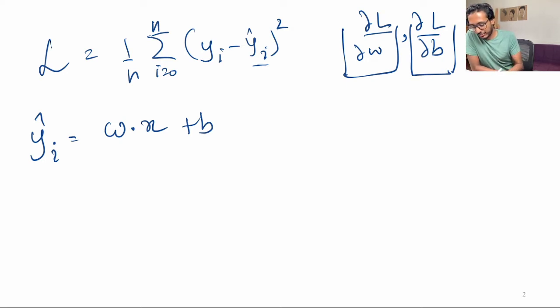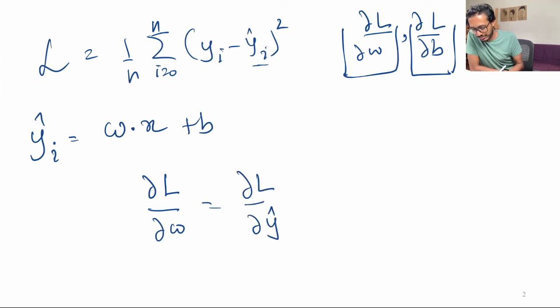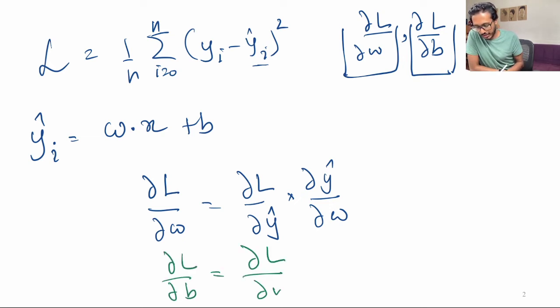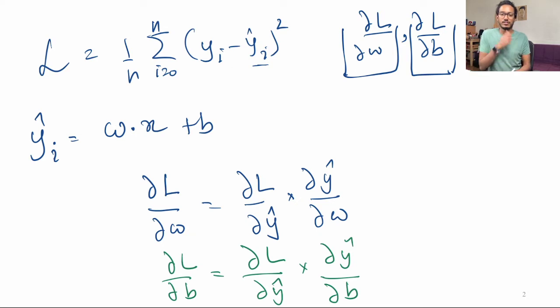So in order to find delta L over delta W and delta L over delta B, we can use the chain rule in calculus, which is delta L over delta W is equal to delta L over delta y hat times delta y hat over delta W. And similarly, delta L over delta B is equal to delta L over delta y hat times delta y hat over delta B. So these are basically what we need to find.